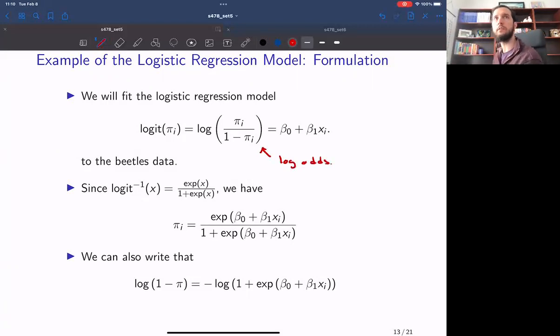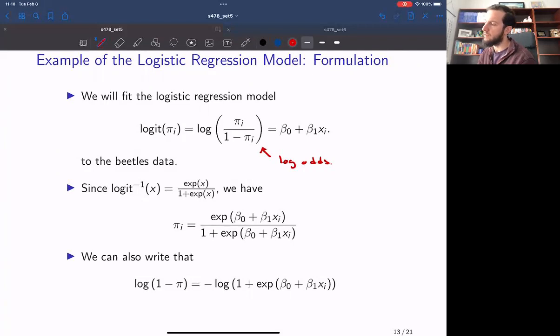We'll spend a bit of time talking about interpretation in a little bit. We'll go over the definition of the odds so that everyone understands it, but you can see from the formulation that it's basically a ratio of the probability of observing the event divided by the probability of not observing that event.